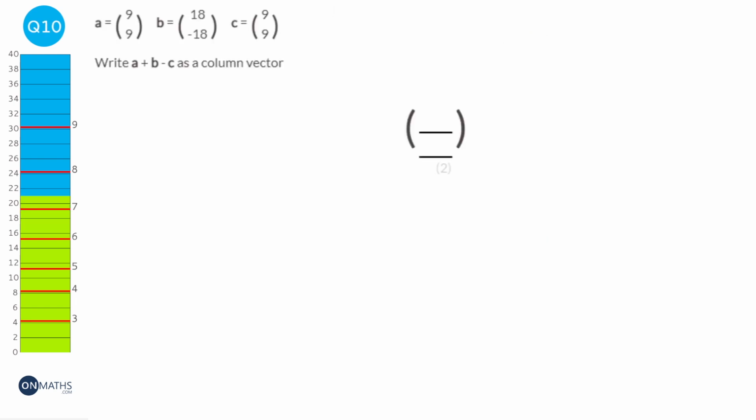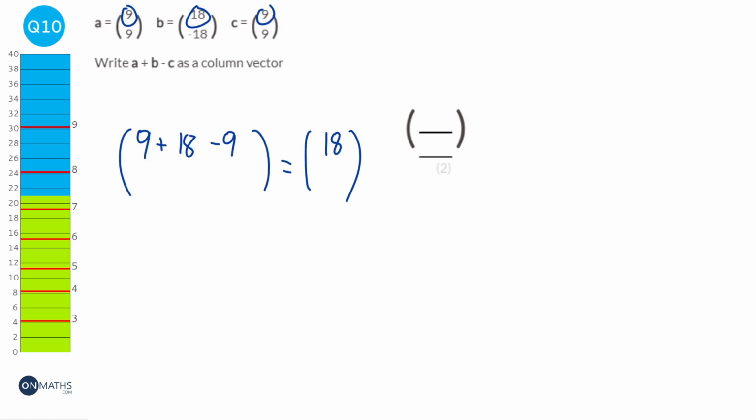So when we're doing column vectors and adding and subtracting them, we just literally add and subtract the top and bottom numbers. So A plus B minus C will be, just looking at the top, 9 plus 18 minus 9, which will equal 18.